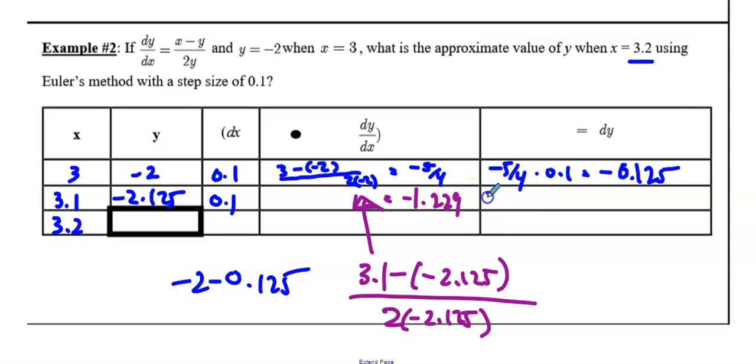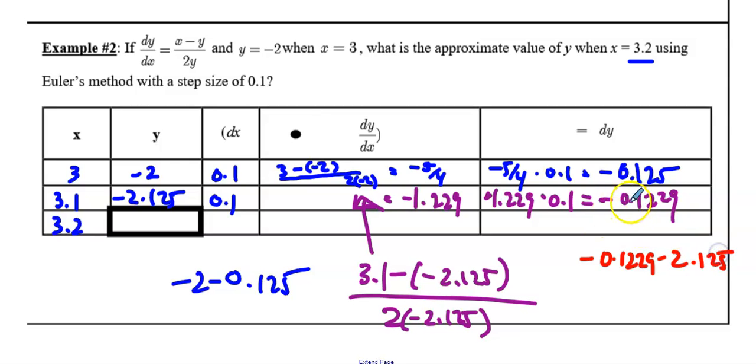And then we're going to take this number right here, so -1.229, and we're going to multiply that by 0.1, and we're going to get -0.1229. And our final answer is going to be this, so -1.229 minus, which again, we're adding these values together, right?